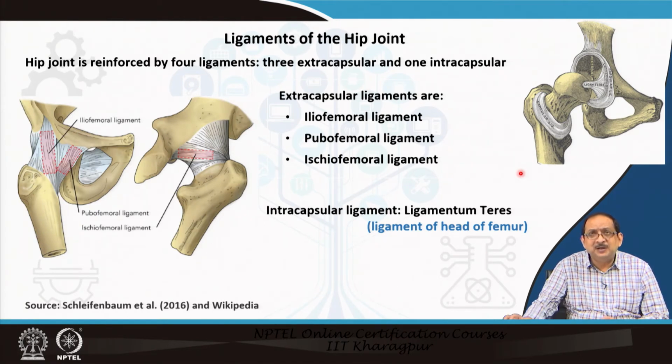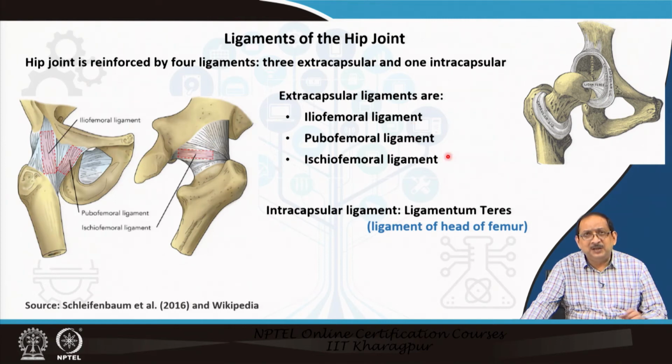The extracapsular ligaments are the iliofemoral ligament, pubofemoral ligament and ischiofemoral ligament, whereas the intracapsular ligament is known as the ligamentum teres or the ligament of the head of the femur.